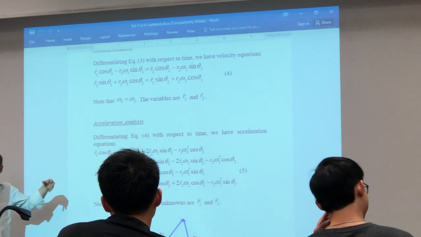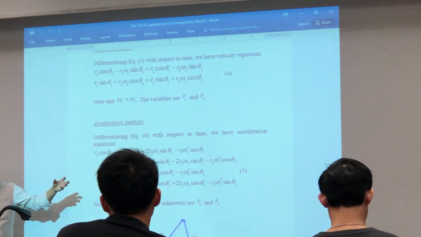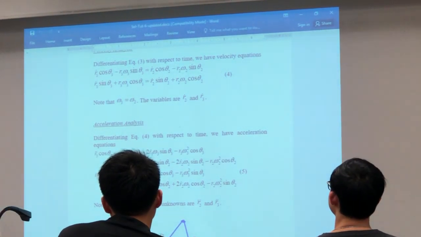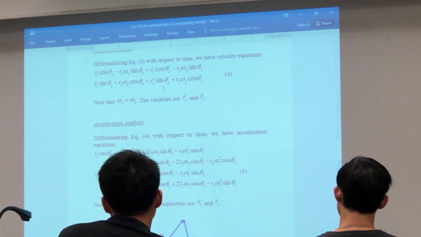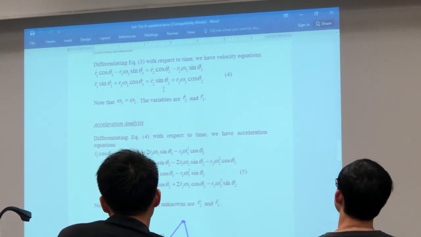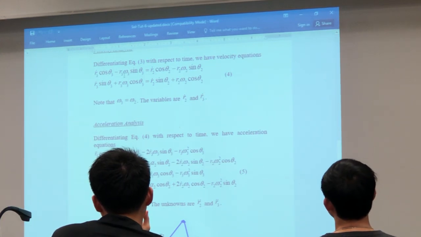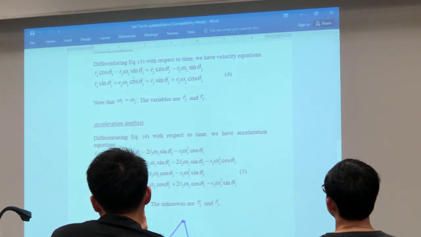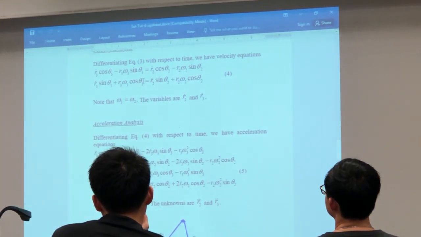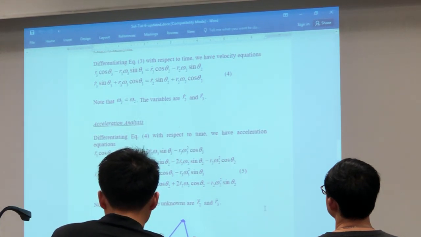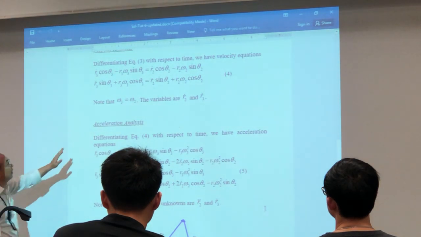If you want to do the acceleration analysis, you differentiate the velocity equation one more time. This is a lot more tedious, because this one has 2 terms and this one has 3 terms, so when you differentiate you will have 3 separate terms. I will not go through the detail; later you try to practice that.